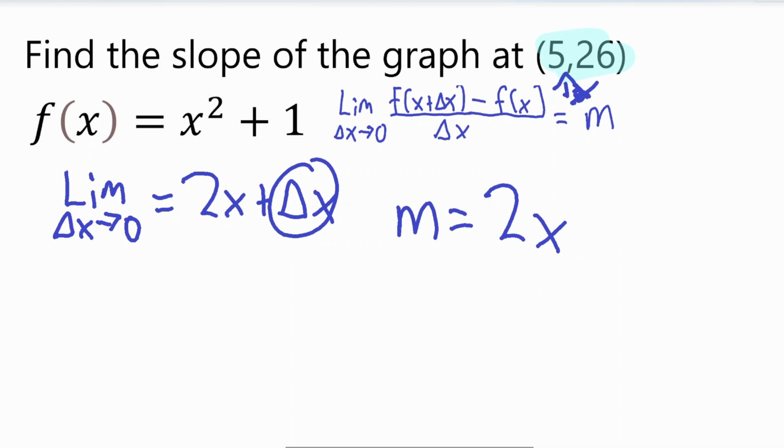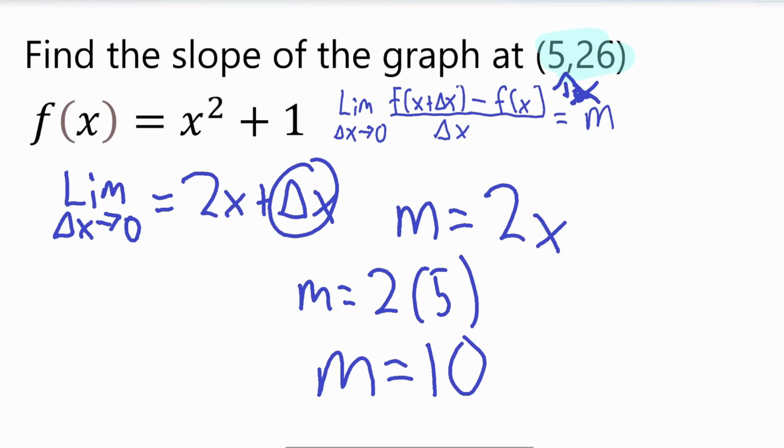We plug that into the equation, and that'll give us our slope at our point. So the slope is equal to 2 times 5, which means our slope is equal to 10. Okay, so that's our final answer. The slope of the graph of x squared plus 1 at the point (5, 26) is 10.